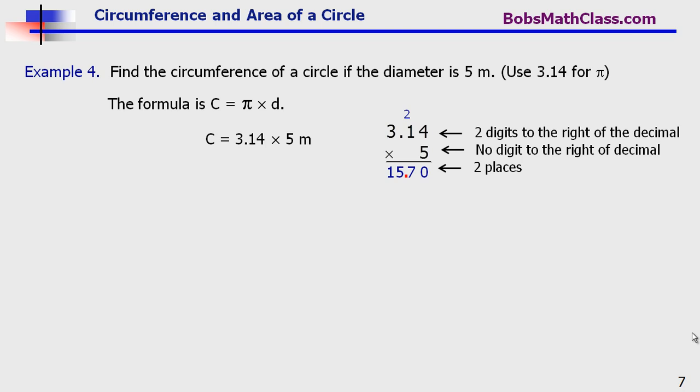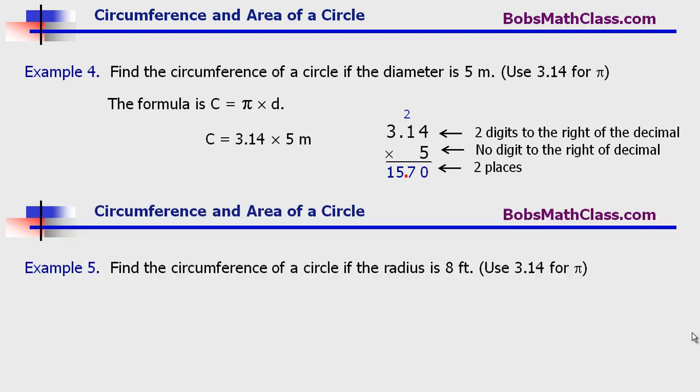You don't have to put the 0 afterwards. It doesn't mean anything, so you can just write 15.7 meters. If you wrote 15.70, it's not wrong, but it's not necessary to have that 0 because it has no value. 15.7 is the same as 15.70.